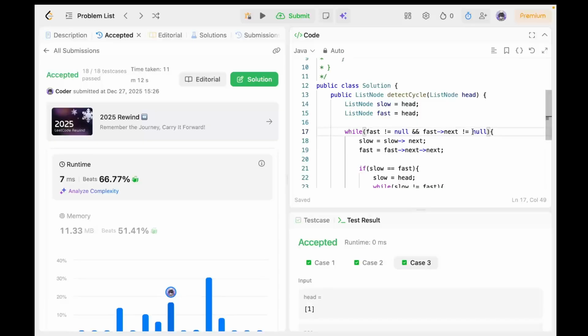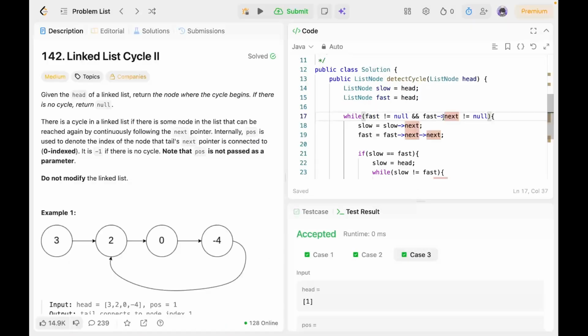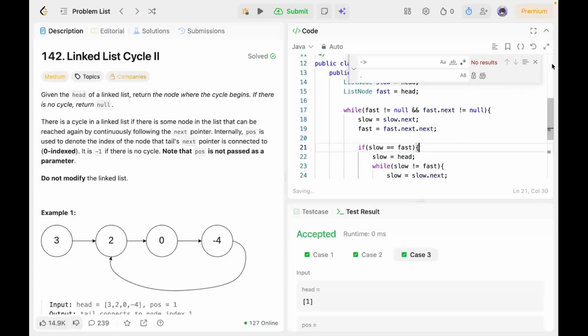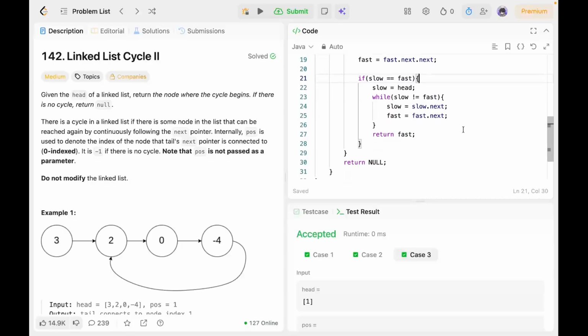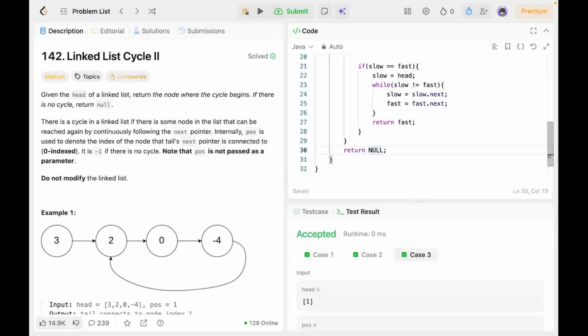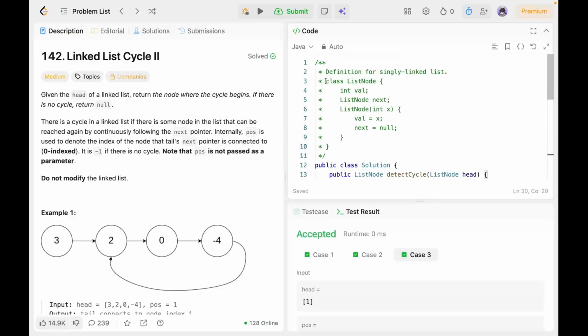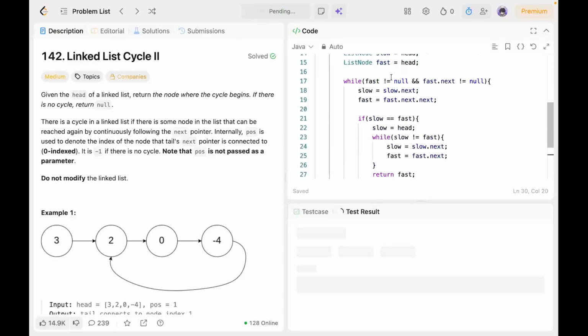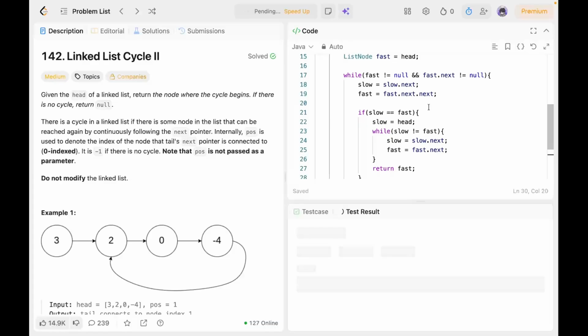So let's do some smart work, and instead of the arrow operator, let's replace the whole thing with a dot. Is there anything else we need to change? Yeah, this null, it will be the small null. So let's run it now. I think it should be working. We have changed all the things.